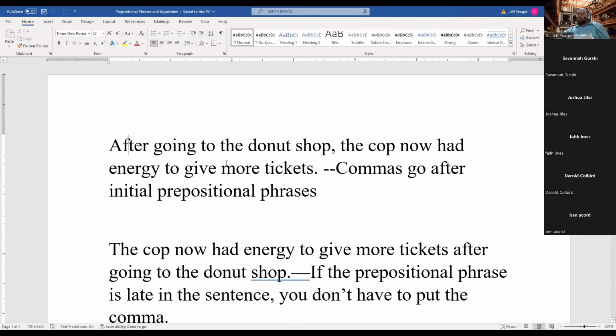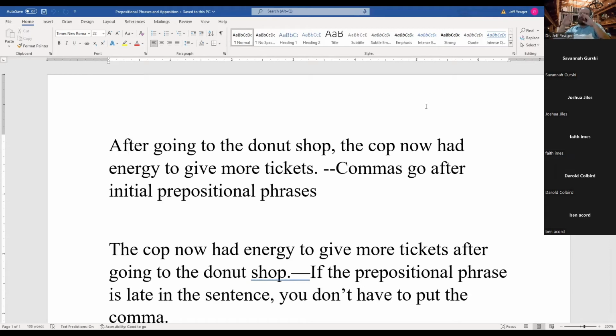So with this sentence, after going to the donut shop, the cop now had energy to give more tickets. This phrase, after going to the donut shop, modifies cop. Note how you pause when you read it. After going to the donut shop, the cop now had energy to give more tickets.